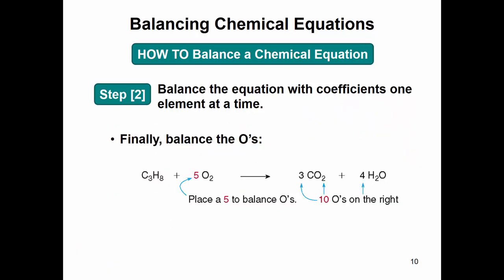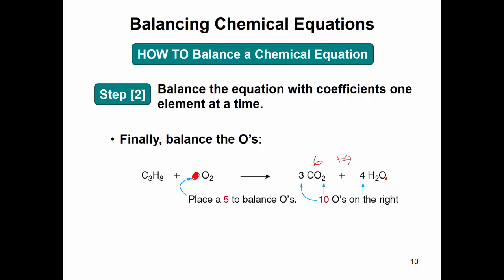We have to be careful there. So we've got to balance the oxygens. Originally, of course, that 5 wasn't there, so let's mark it out, just so this is what we've got so far. If I look over here, I've got 3 times 2, which is 6 oxygens, and then I have 4 times 1.